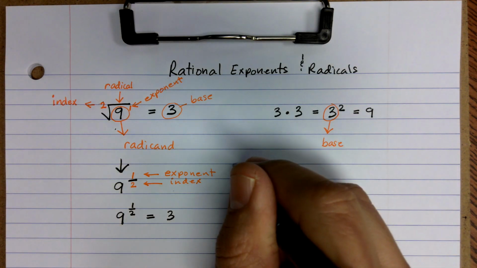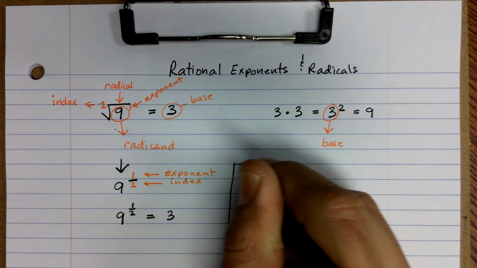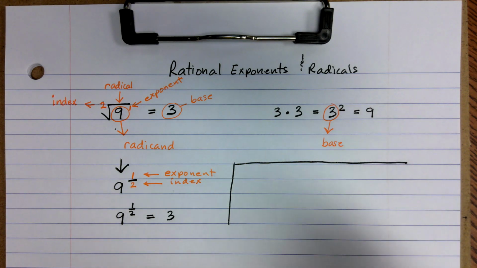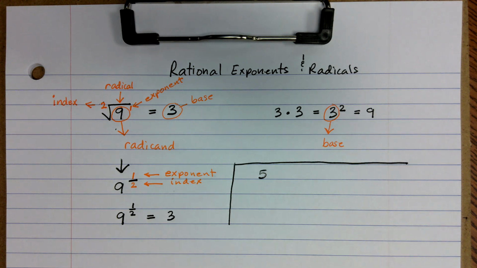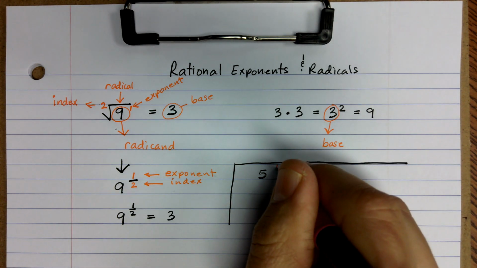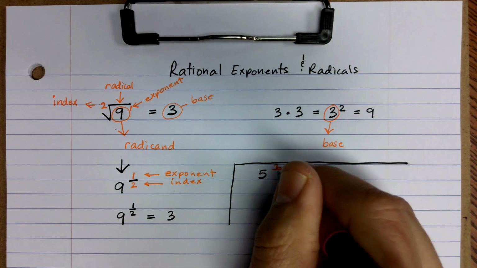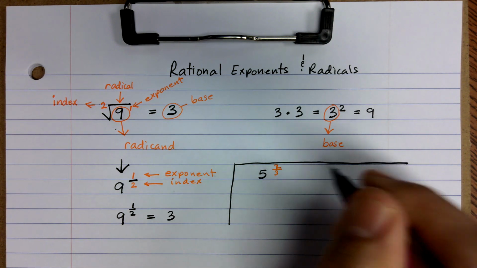So I'm going to write one more example just to show you how we could set this up. So I'm going to go over here, and let's say we had 5, and this time I'm going to give the power, let's do 2 for the numerator, and let's do 3 for the denominator.